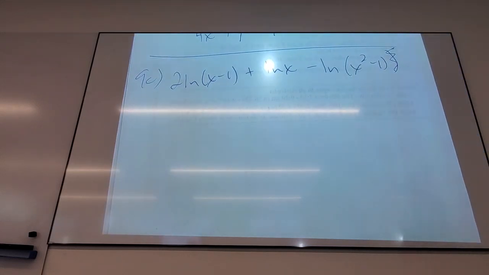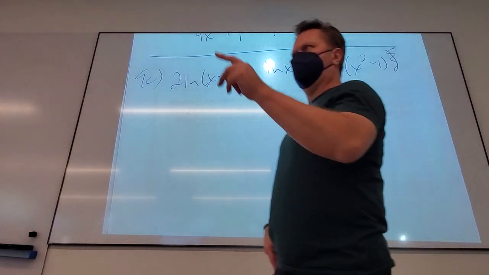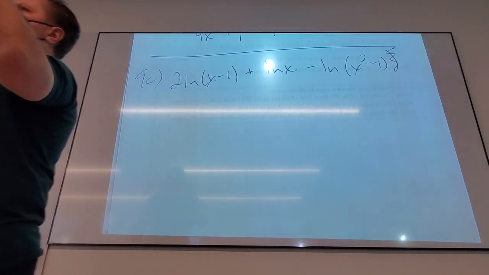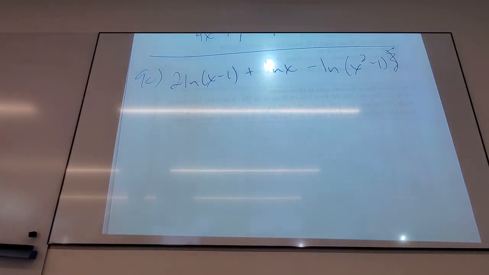Okay. So, do we have properties for the addition of logs and the subtraction of logs? Yes, in fact, what is log A plus log B? Multiplication. What's log A minus log B?